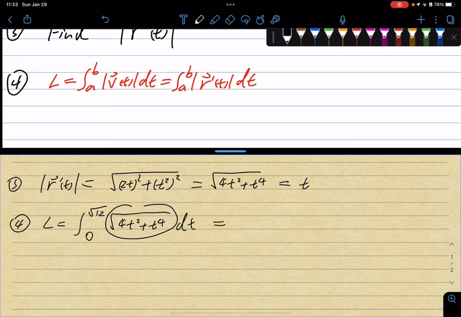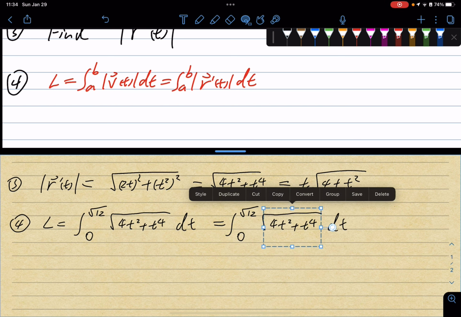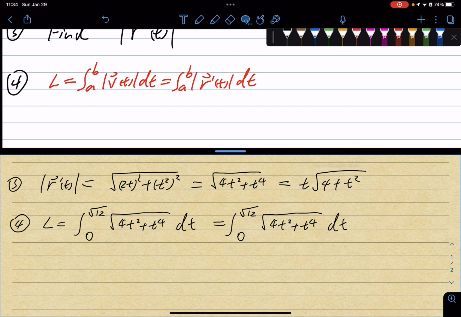We extract it: t squared becomes t, square root of 4 plus t squared, or t squared plus 4. Doesn't really matter. So we're going to rewrite this integral as this. I hope you see where I'm getting at.